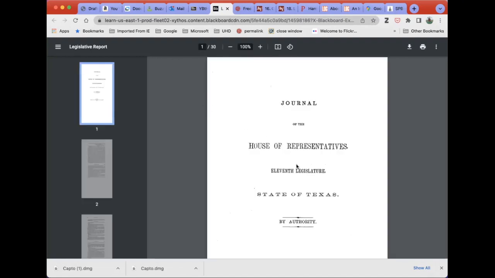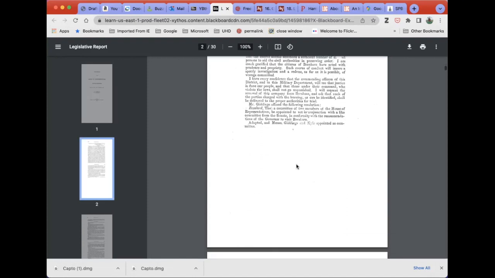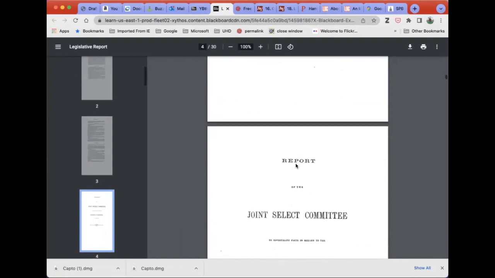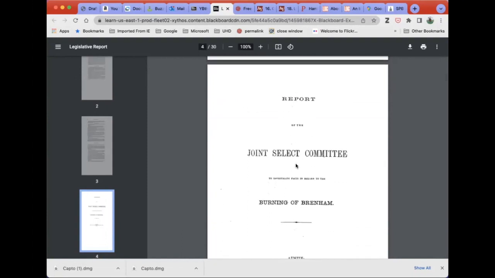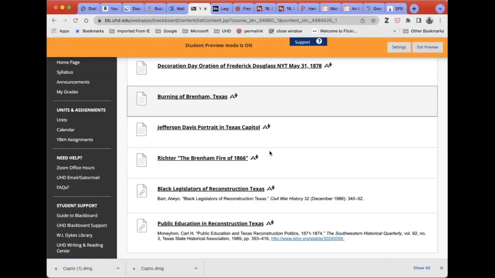This is the report to the Texas House of Representatives on the Brenham fire, and you'll see interviews. It's only about 30 pages long, and some of it is background information, but this was actually the Joint Select Committee's investigation into what caused the fire. And that is going to be part of your assignments for this You Be the Historian exercise.